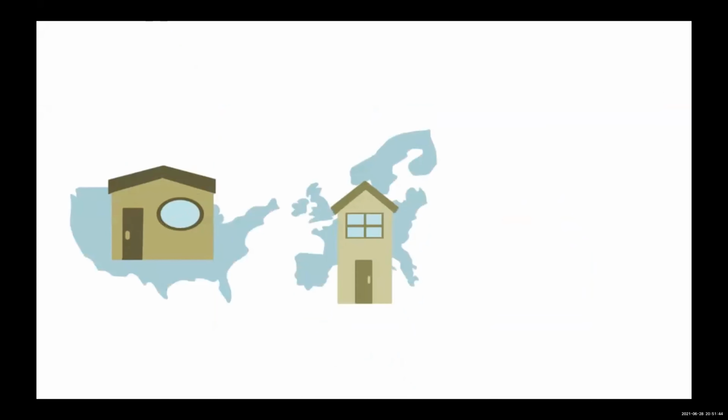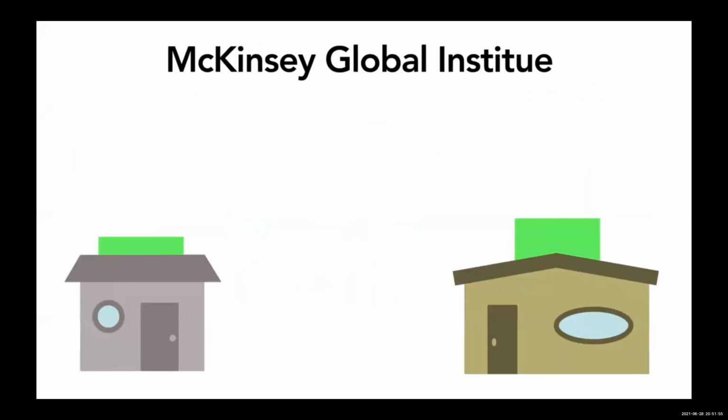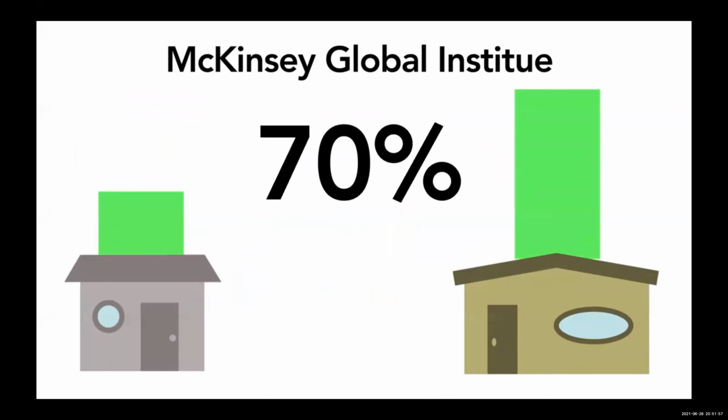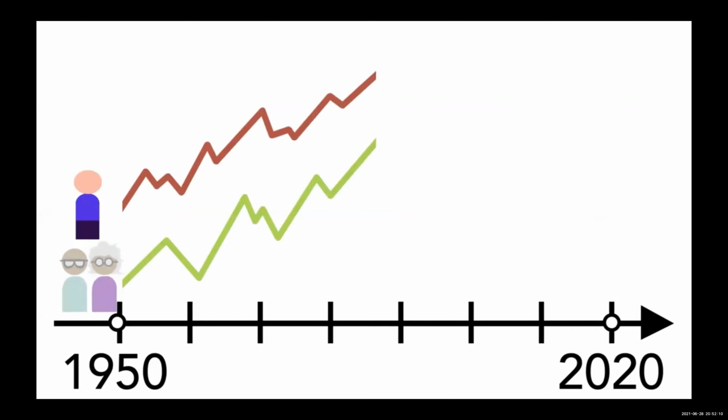In advanced economies like the United States, Western Europe, and Japan, a general increase in wealth among the middle class is becoming less common. In a study of 25 of the world's most advanced economies, the McKinsey Global Institute found that almost 70% of households have experienced flat or falling incomes in the last decade. This is quite a change from the 1950s through the 90s, when most children could expect to make higher incomes than their parents.